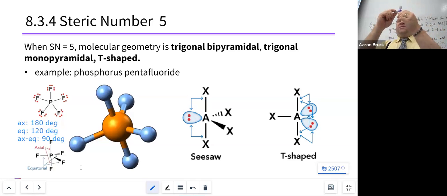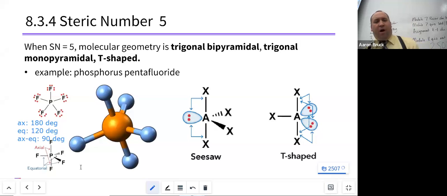Now, the seesaw position is a little bit hard to see when you're holding it like this, but if you turn it 90 degrees, you can get the basis for why it is called seesaw. That's the seesaw position. One lone pair in the equatorial plane.